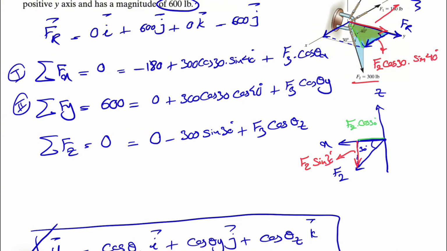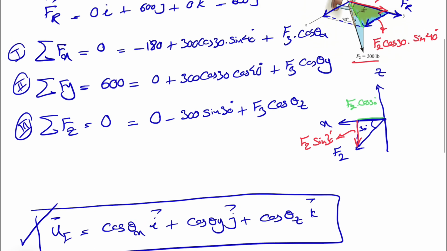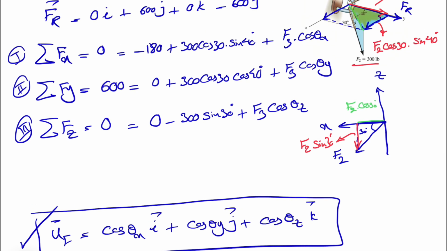So this is the first, this is the second, and this is the third. And from these, we can find the 4 unknowns that we have in here. The rest of this is solving these equations.